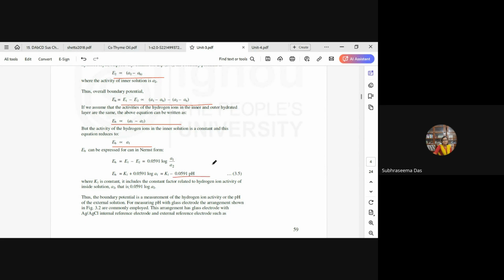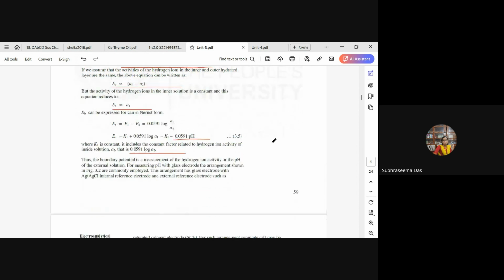Here K1 is the constant, which includes the constant factor of the hydrogen ion activity inside the solution a2, and the 0.0591 log a2 gives the pH of the hydrogen ion inside the solution. So this is how boundary potential is related to pH.